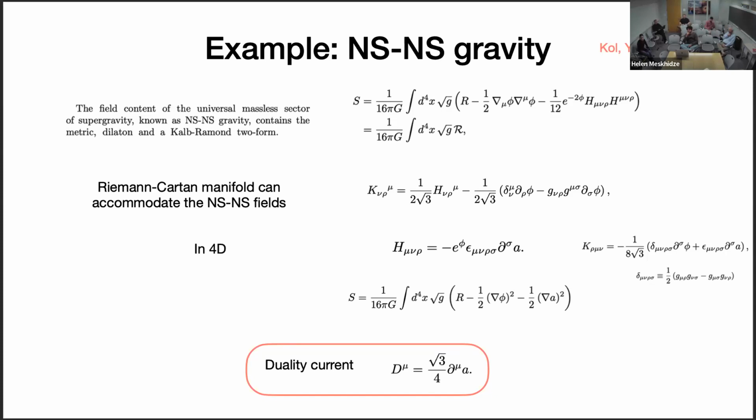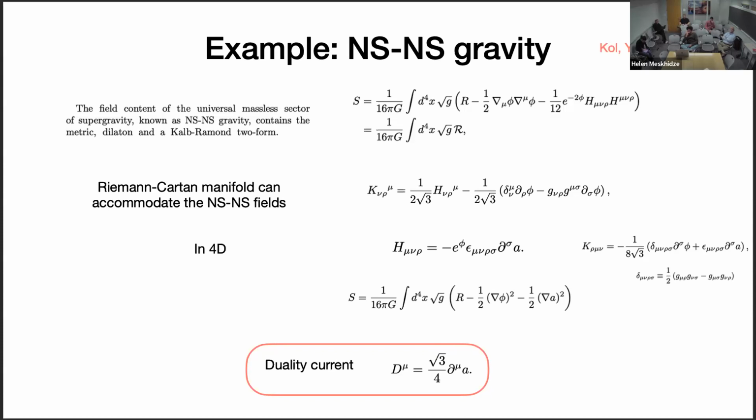We can think about it as a Riemannian manifold coupled to some other fields, or as a Riemann-Cartan manifold with some torsion. Wow, and they're exactly the same? Yes, these matter fields can be embedded as torsion components.